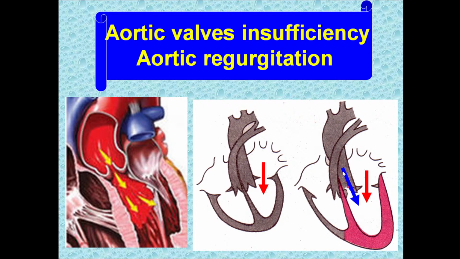Because at the beginning of diastolic period, when the left ventricle is empty, pressure in aorta is increased, blood comes back into the area with low blood pressure. Normally, it's prevented by closed semilunar valve. In our case, they are unclosed and blood easily comes back into the left ventricle.